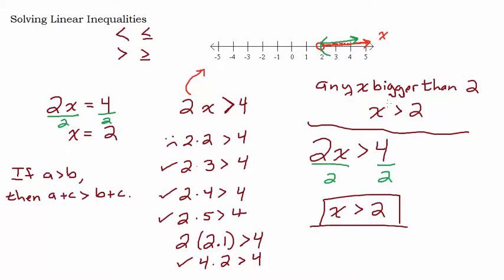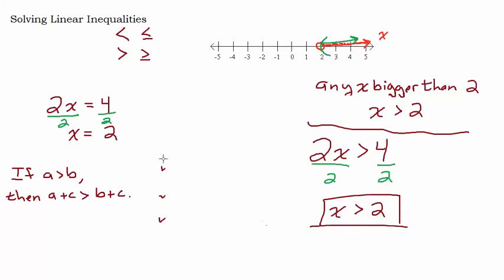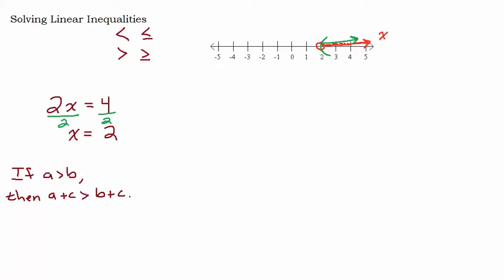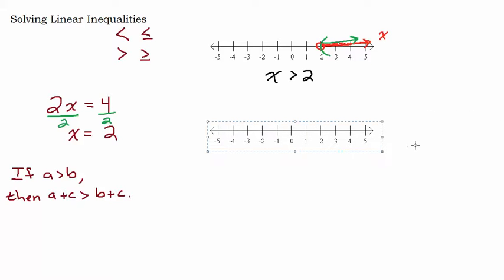Okay. Before we go on and look at some other examples, let's write down all the different ways that we could graph this. This number line right here is giving us the solution to x is bigger than 2. What if my answer came out to be x is bigger than or equal to 2?